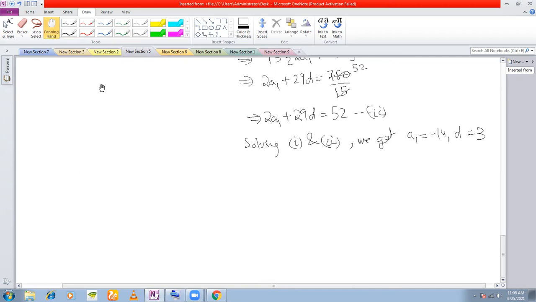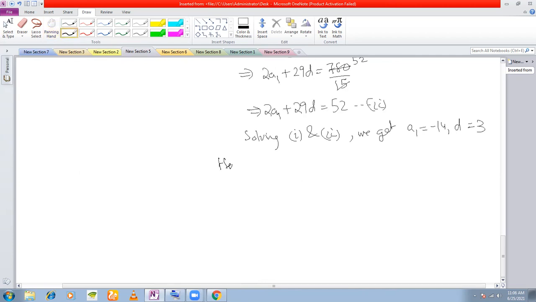So what are the first 3 terms? Hence, the first 3 terms are A1, A1 plus D, and A1 plus 2D. Put the values.